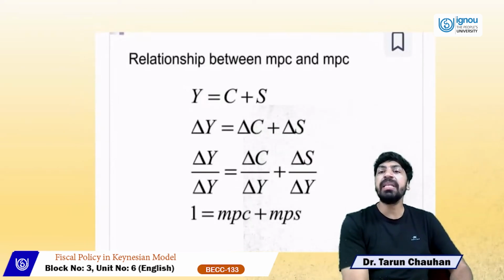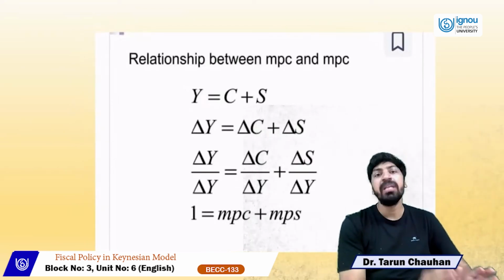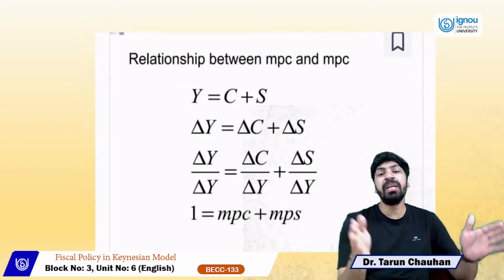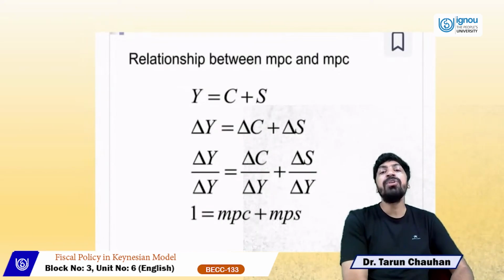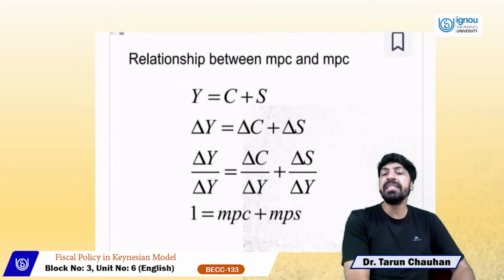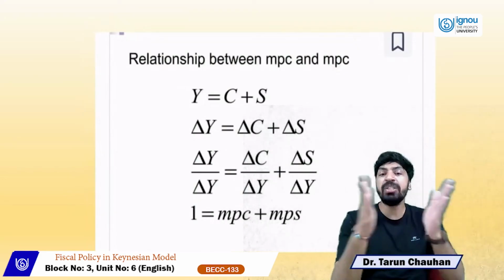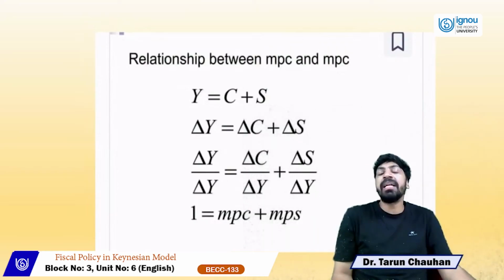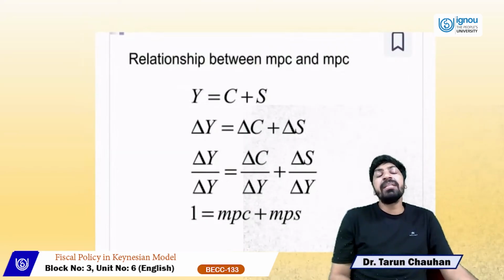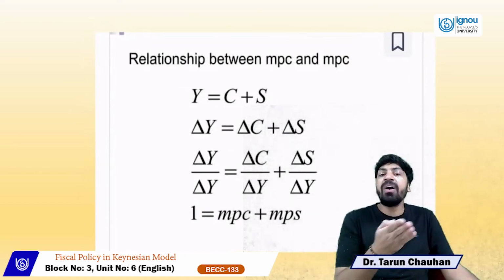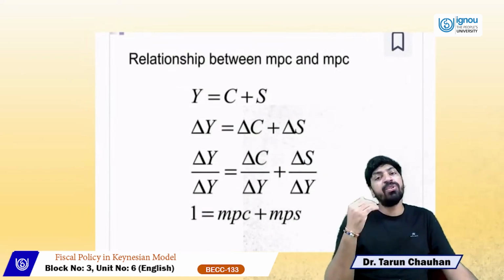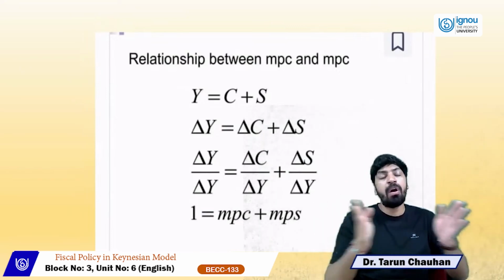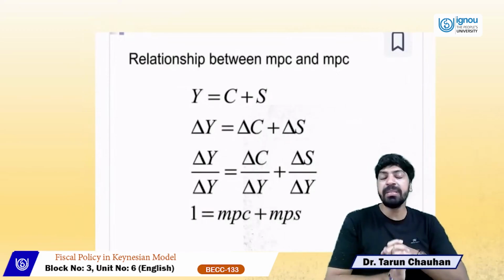Relationship between MPC and MPS. The relationship equation is Y is equal to C plus S. So when there are changes in all these three concepts, delta Y is equal to delta C plus delta S. Once we divide all these terms by delta Y, you will get the relationship between these two concepts, that is MPC plus MPS.